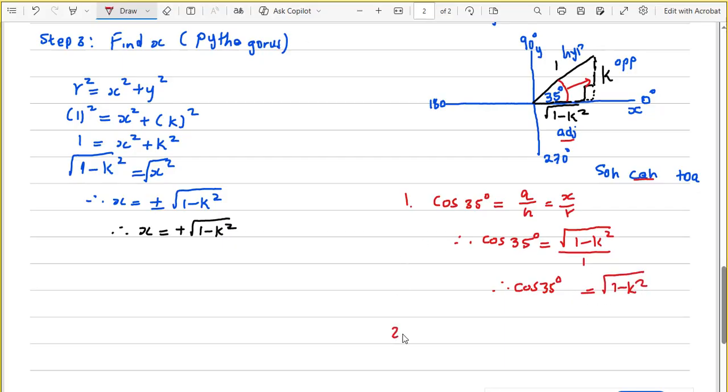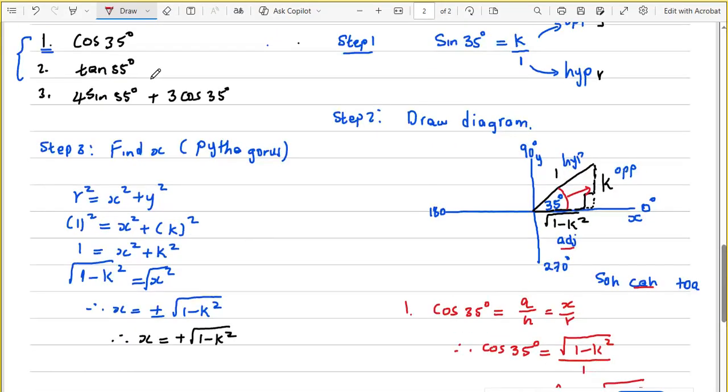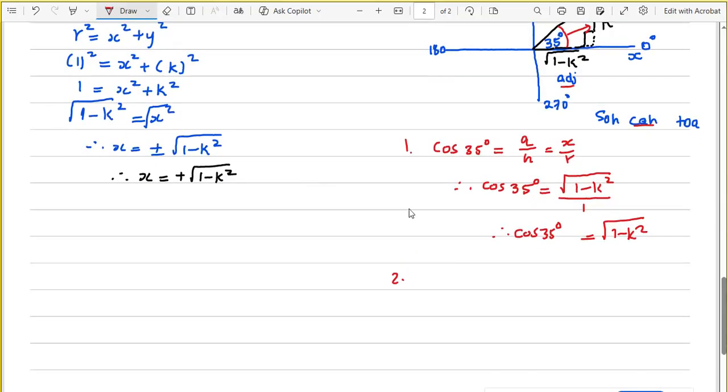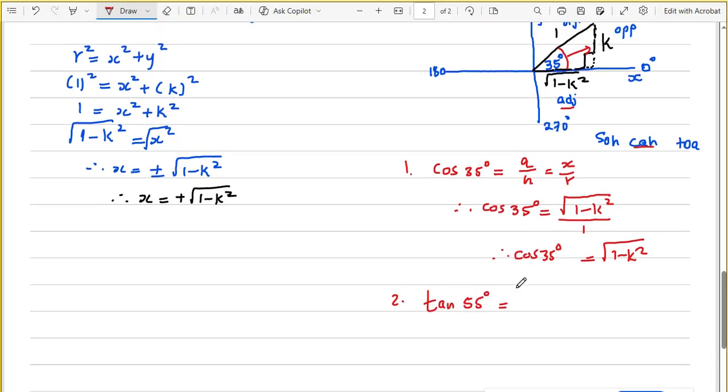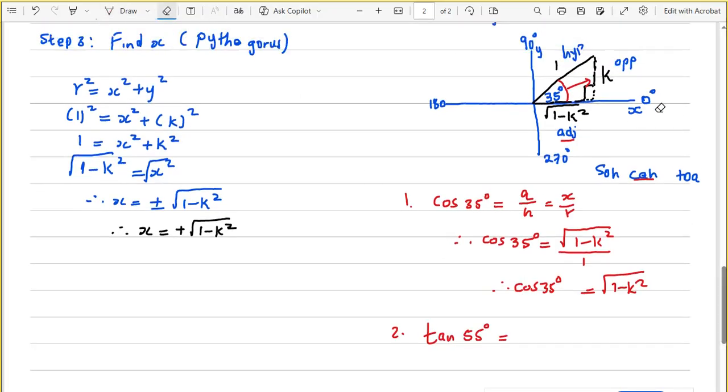Yes. Okay, number 2. We need to find the tan 55, okay? Do you have an idea how we can find the tan 55? Just think about it.